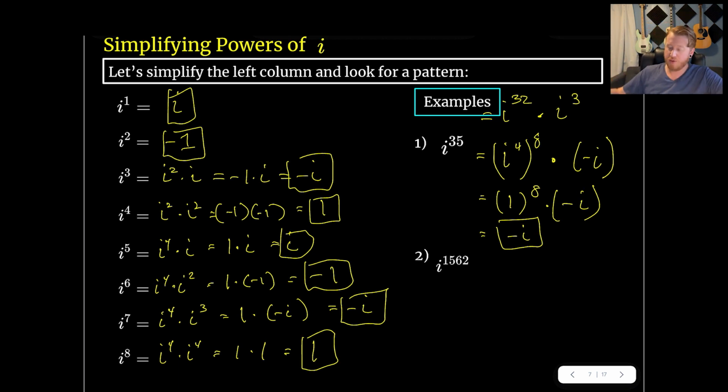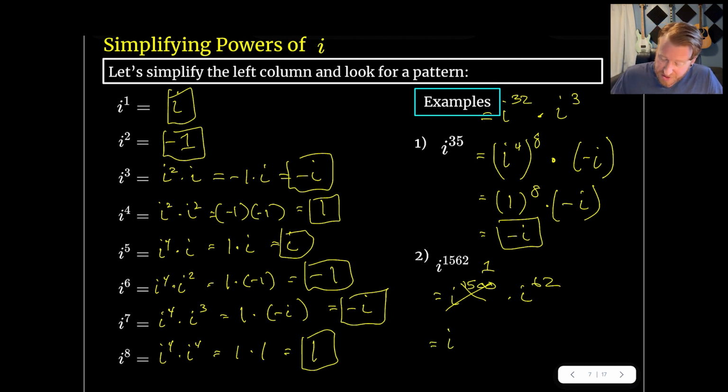What I'm hopefully convincing you of is we only need to look at the last 2 digits of any power here, because I could split this into i to the 1500 times i to the 62. And i to the 1500 is just 1, because 1500 is a multiple of 100. So this portion here is just 1, and I don't need to write it going forward because 1 times i to the 62 will still be i to the 62.